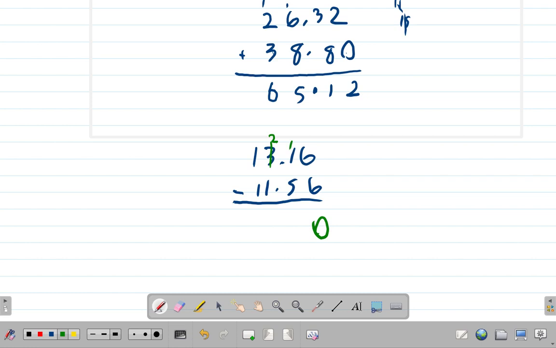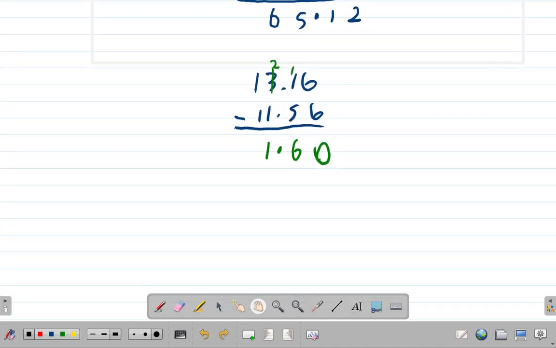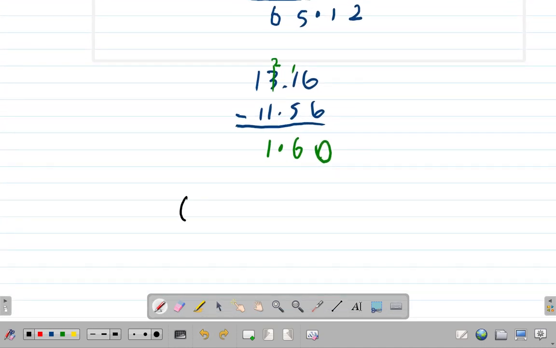This becomes 2. This becomes 11. 11 minus 5 is 6. 2 minus 1 is 1. So what you end up with is this, 65.12.